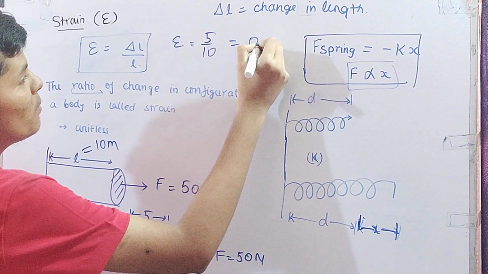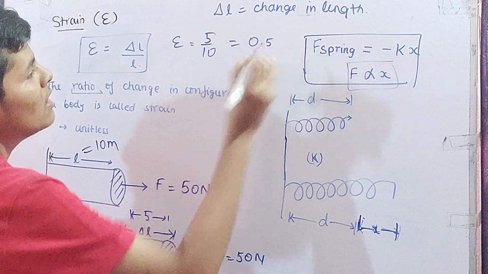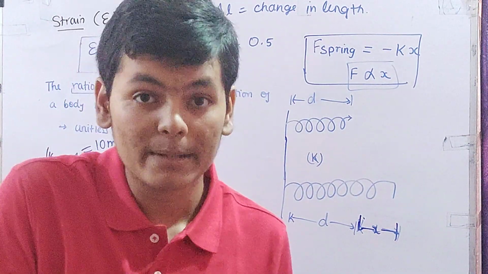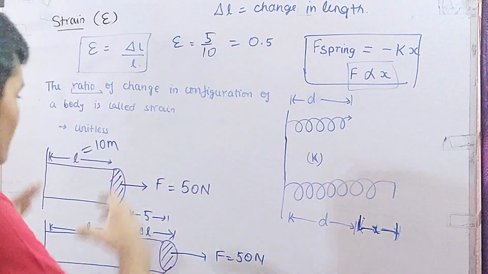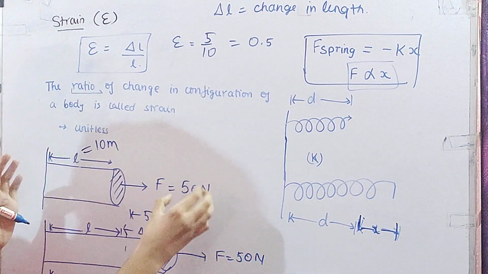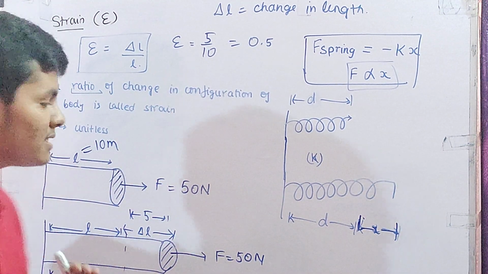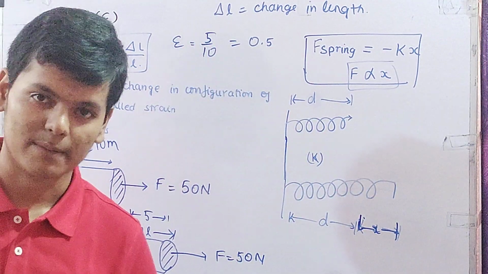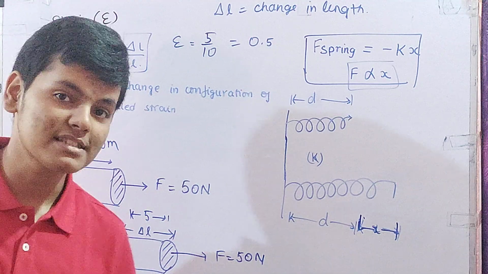That is equal to 1 by 2, 0.5. It means that we have extended the body by 0.5 times. So when we apply a force of 50 newtons on an object of length 10 meters, the object increases its length by 0.5 times. So this was the concept of stress and strain.